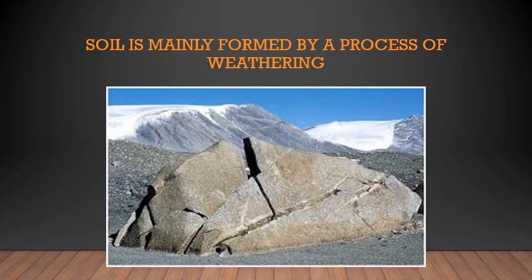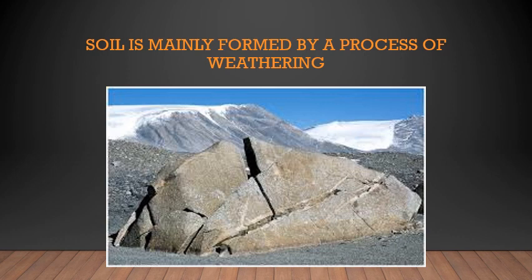You can see here how naturally the rock is broken down into smaller pieces. After 100 years or so, this whole rock would have broken down into much smaller pieces of rocks. After another 100 or 200 years, those small rock particles would have weathered down into much smaller, tiny rock particles.